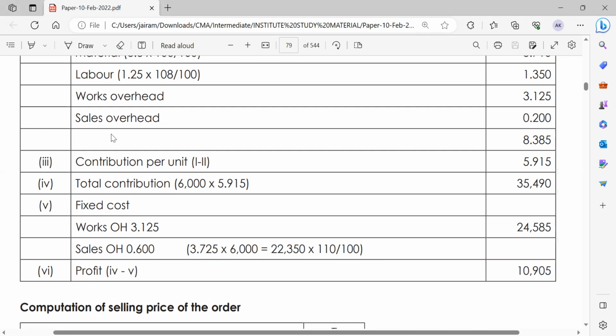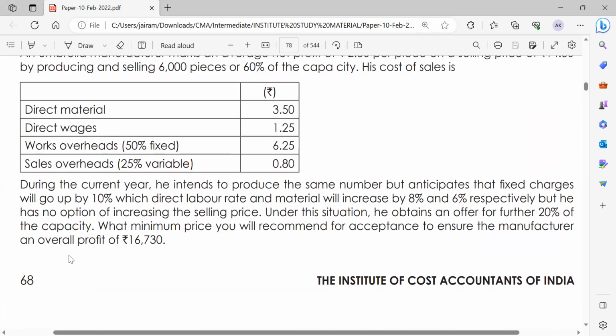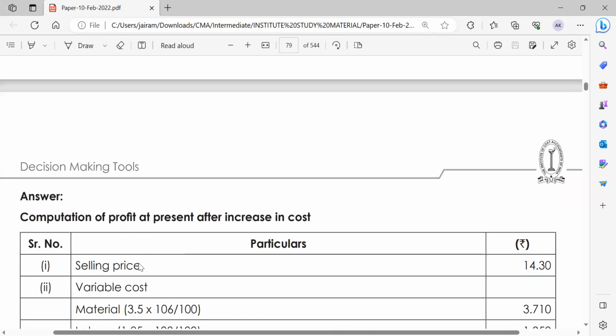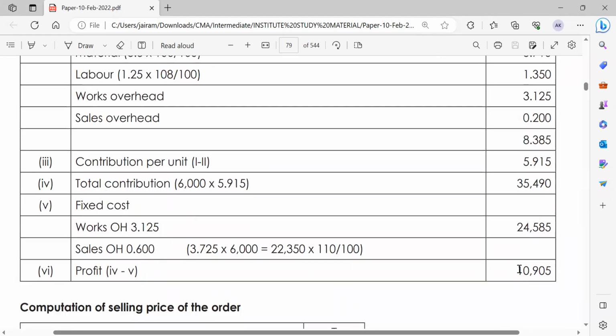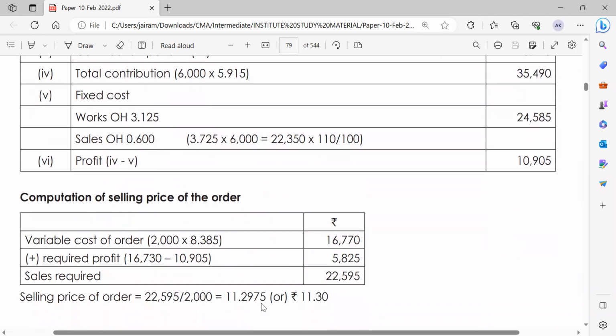What is our target profit? Target profit is 16,730. Of that, you have already got 10,905. So what extra do you need to get to 16,730? 16,730 minus 10,905. This is the profit we require from the new order.